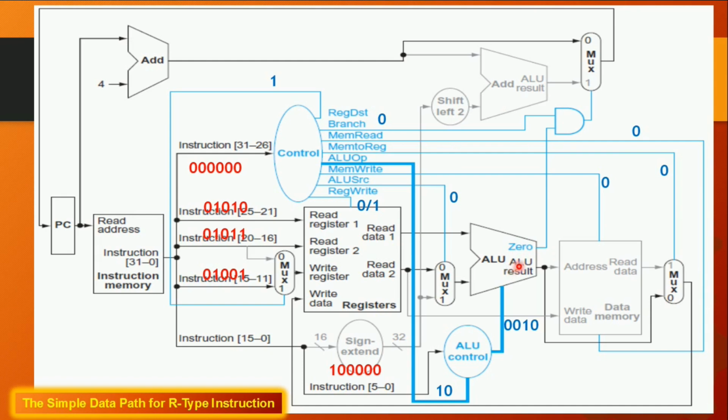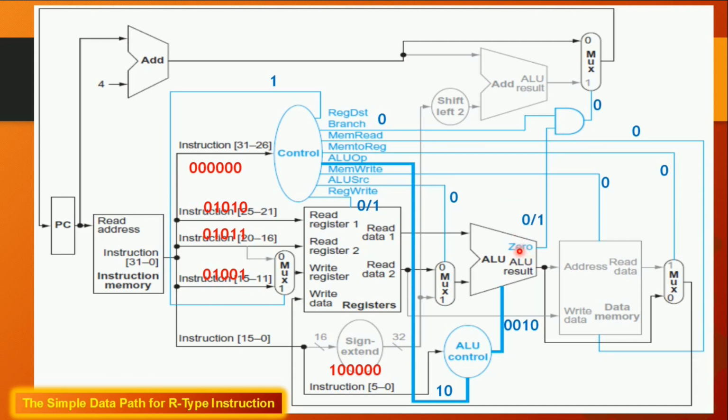Sometimes if a subtraction is performed, the result is not 0, or I can obtain a logic 0. At that time the 0 signal may be asserted, but actually the branch signal is deasserted since it is not a branching instruction. So always for an R-type instruction, the output of this AND gate will be always 0.